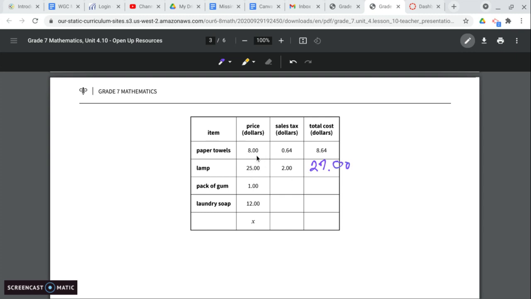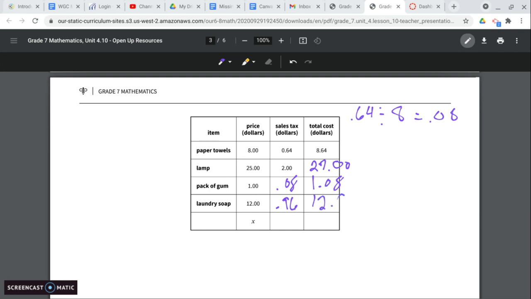So looking at what our rate is here, if we take the 0.64 and divide it by 8, we're going to get 0.08. So that's what we're multiplying by. So 1 times 0.08 is going to give us 0.08. So we have $1.08. And then 12 times 0.08 is 96 cents.